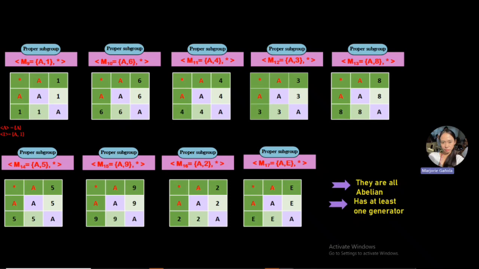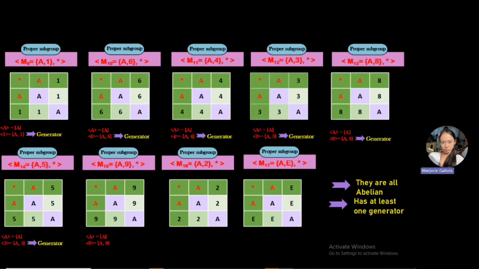From our M sub 9, A star A generates only A, while 1 star 1 is equal to A, and A star 1 is equal to 1. Therefore, 1 is the generator. It is the same as the other tables since they are isomorphic. They have at least one generator.